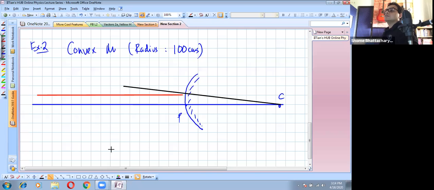So this line being my normal, you can understand that as the rays reflect by application of the law of reflection, they will be forced to diverge like this over here.